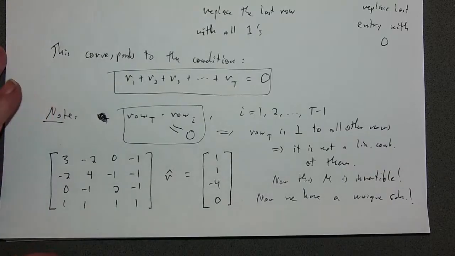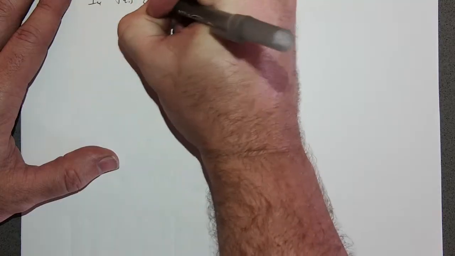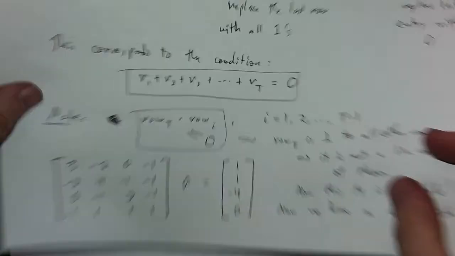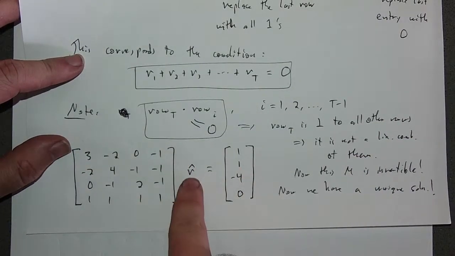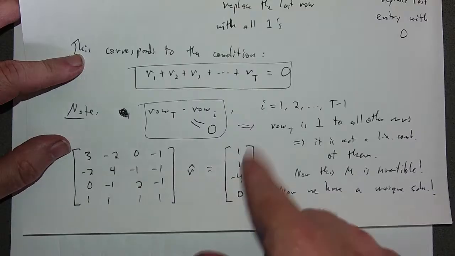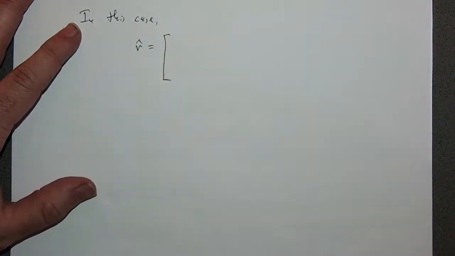So now we have a unique solution. In this example, let's see what this unique solution is. Let's just bring it back on in case you're following along. Here, I invert this, and my vector r hat is just the inverse of this times this vector. So r hat is the vector, and I'm going to write it as fractions and then decimals.